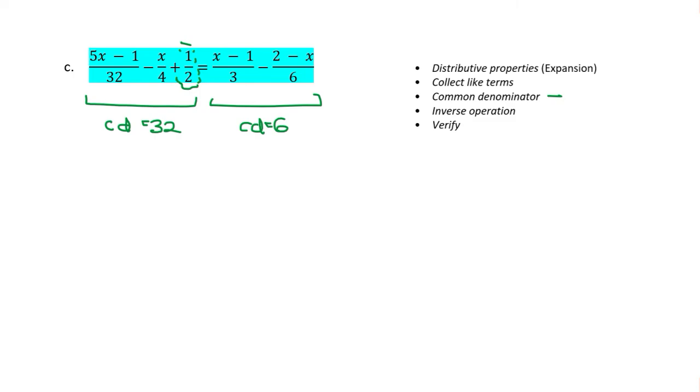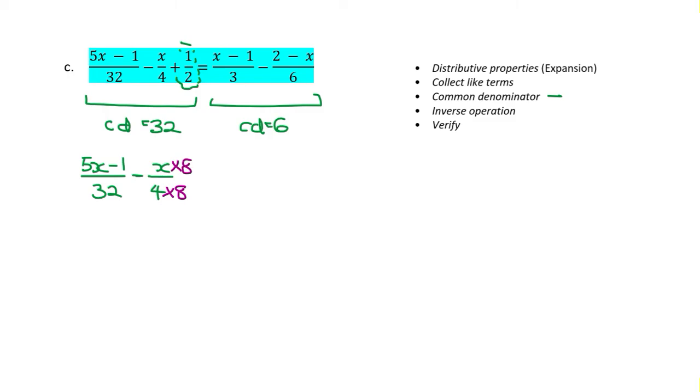In this case, we have (5x minus 1) over 32 minus x over 4, which means that 4 times something gives us 32. So 4 times 8 gives us 32, which means that we multiply also the numerator by 8.